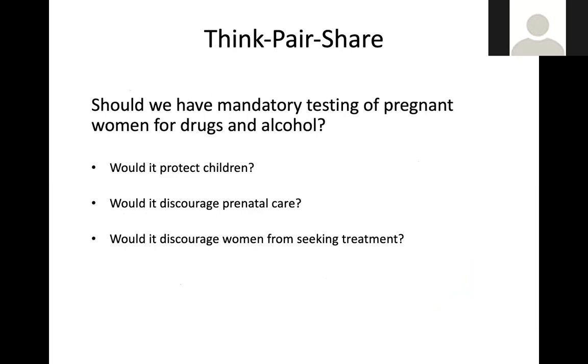Okay, so a think, pair, share coming up next. If you don't want to be in a group, that's okay. You can sit by yourself and think about this, and then we can share. Or if you'd like to talk to the person next to you, this is a question on your homework as well. We're going to ask the question, should we have mandatory testing for pregnant women for drugs and alcohol?